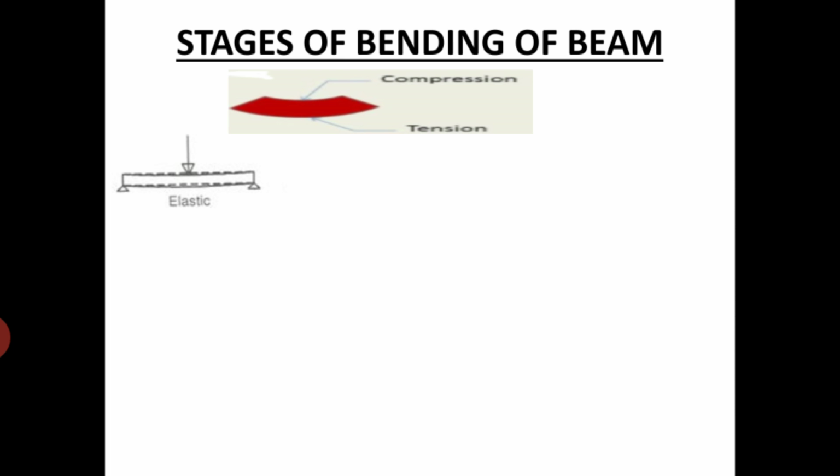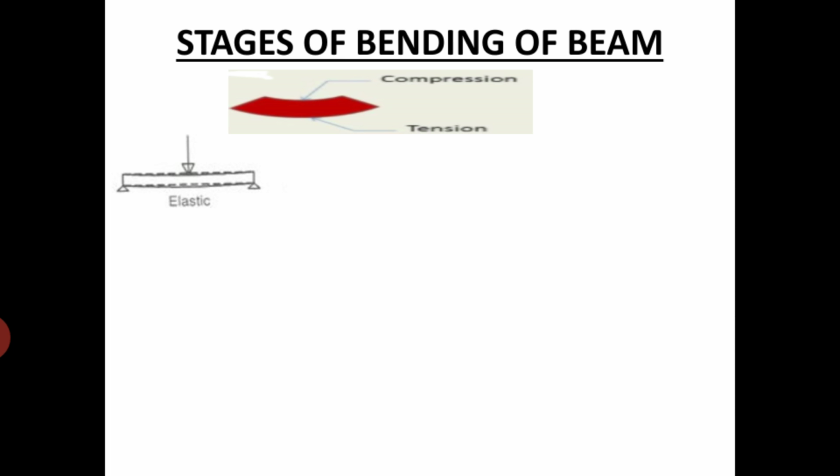That is, the upper part of the beam fibers are subjected to compression, they get contracted, and the lower part of the beam fibers are subjected to tension, they get elongated. Okay, so this is the nature of stress induced in the beam.